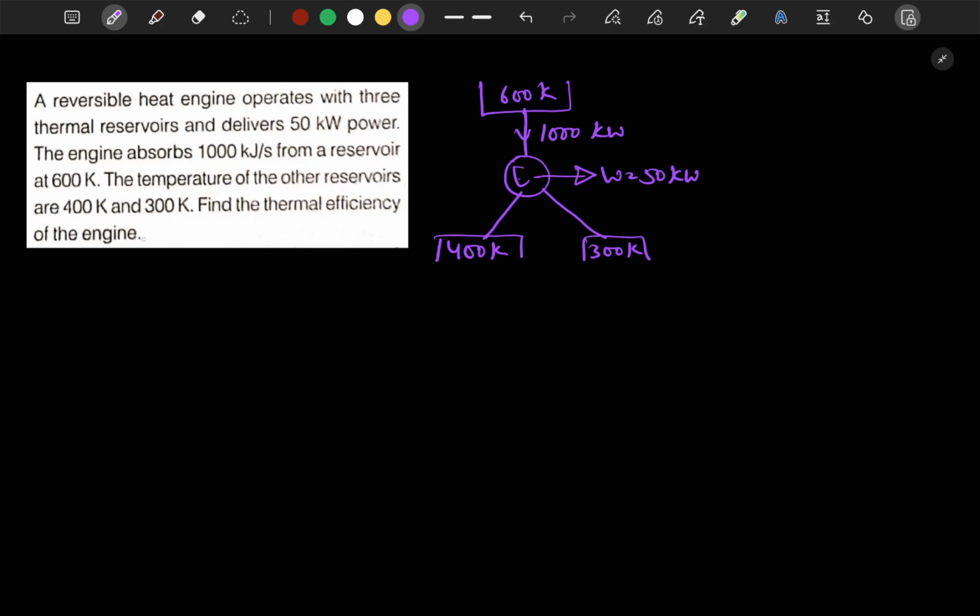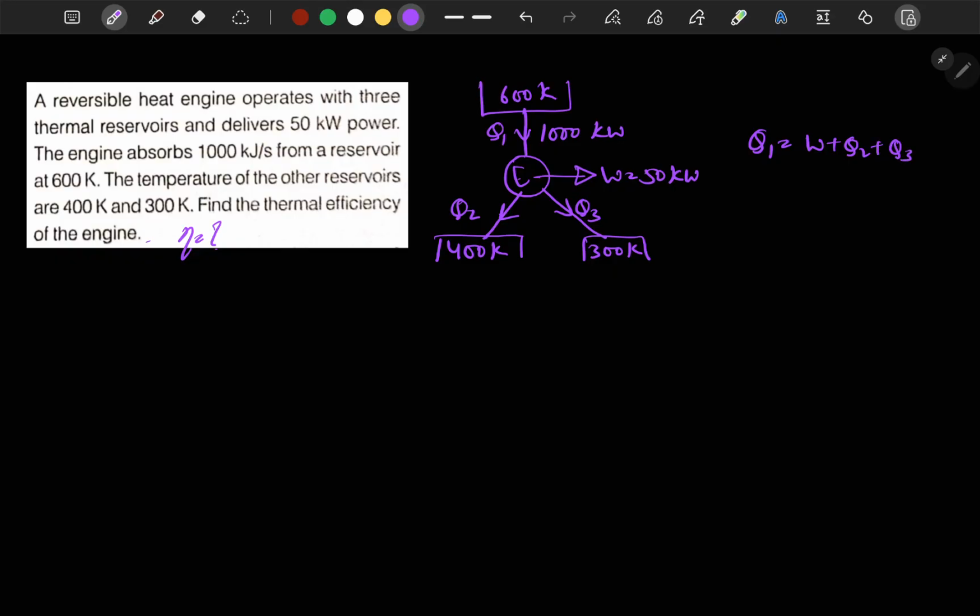Now we have to find the thermal efficiency of the engine. So let's say this heat is Q1, and let's say it is rejecting heat Q2 at 400 and Q3 at 300. From energy balance we can write Q1 is equal to W plus Q2 plus Q3.